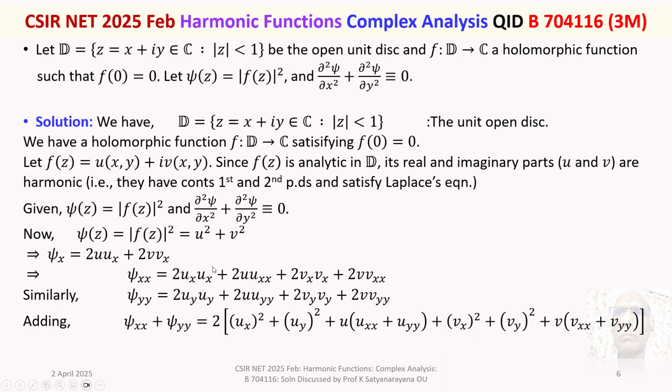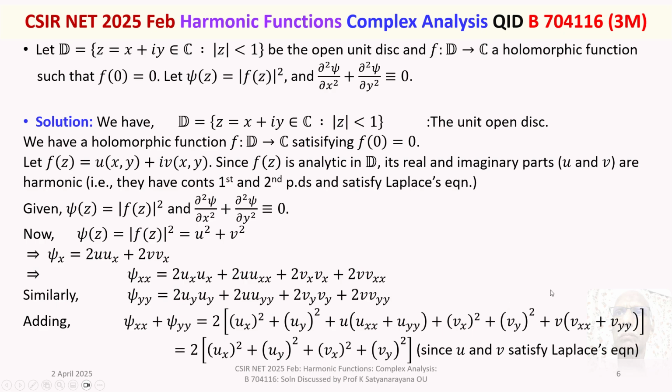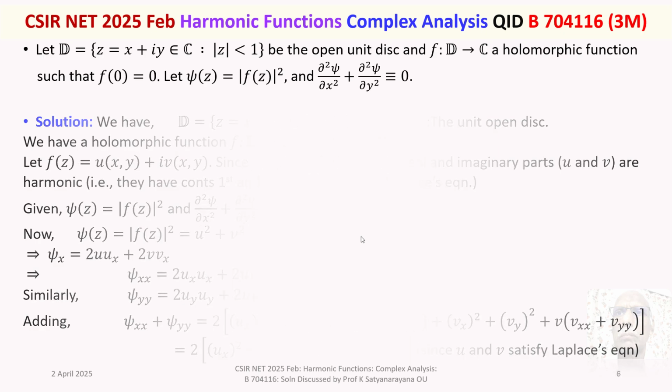Now, what are u and v? u and v are harmonic functions. They satisfy Laplace equation. Therefore, u xx plus u yy is 0, v xx plus v yy is equal to 0. Then this will be equal to 2 times u x square plus u y square plus v x square plus v y square. And these terms will become 0 because u and v satisfy Laplace equation. We continue in the next slide.